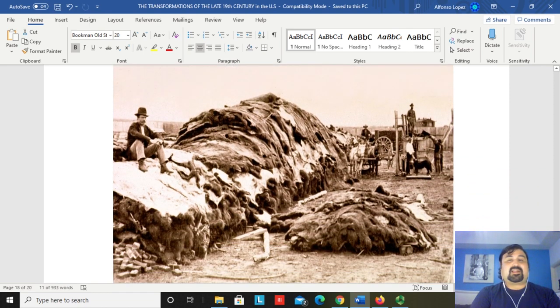And it was hunting geared only toward getting the hide and not the beef or the meat of that animal, which was also extremely important for a lot of Native Americans.